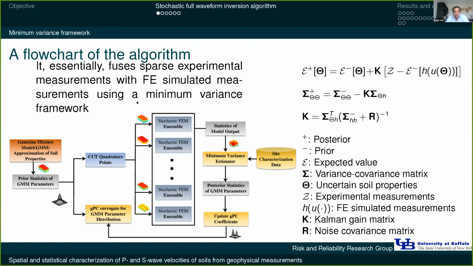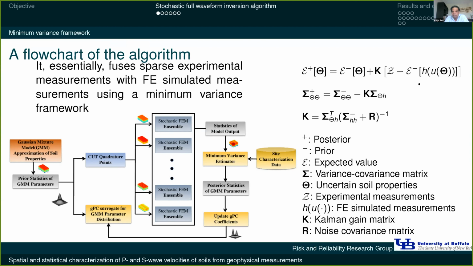It essentially fuses sparse experimental measurements with finite element simulated measurements using a minimum variance framework. The finite element simulation relies on prior assumptions, which are then used for simulating the geophysical experiment and fuse with experimental measurement. So here Z is the real measurement and H is the simulated measurement.